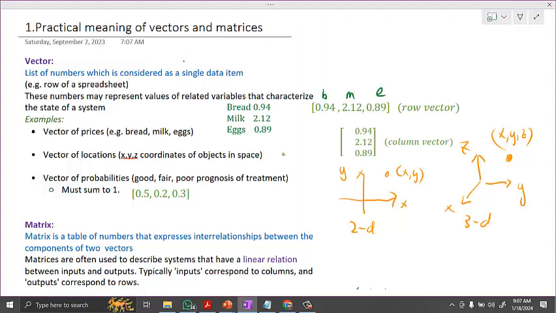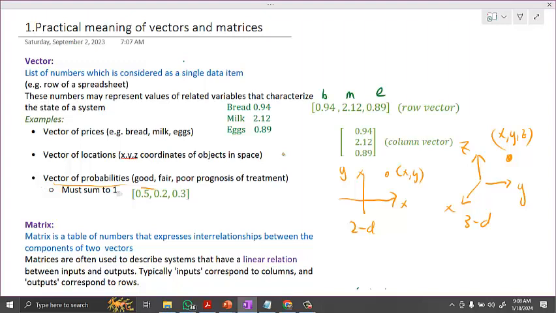Okay? Another common use of vectors is as a vector of probabilities. Now, suppose you have someone who has a cancer, and you want to know the probability of this person recovering, which is a good outcome, the person surviving another 10 years, which is a fair outcome, or the person dying in 1 year, which is a poor outcome.